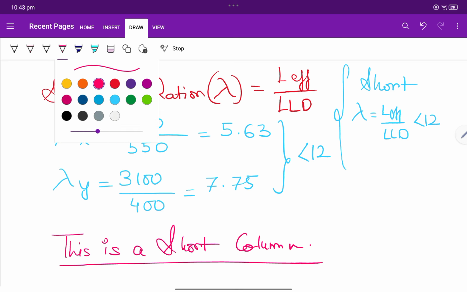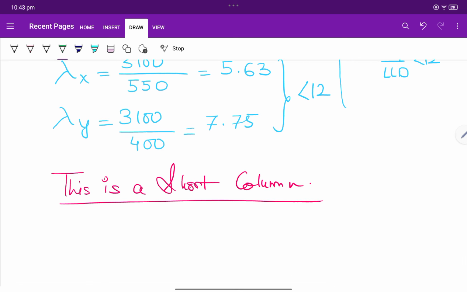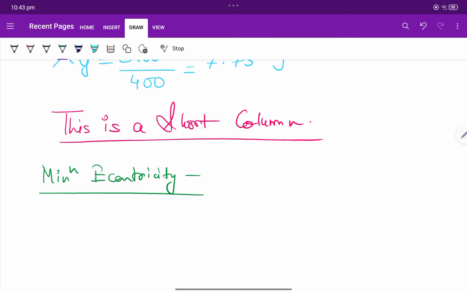Now we will go to our next step, that is, we have to calculate the minimum eccentricity. We know the formula for the minimum eccentricity.